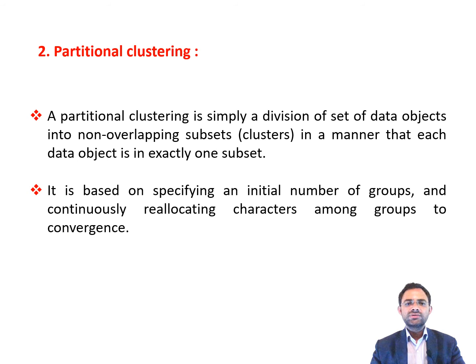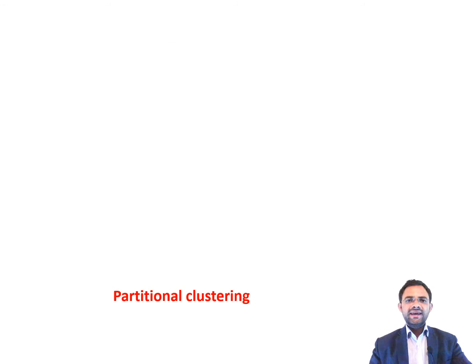It is based on specifying an initial number of groups and continuously relocating characters among groups to convergence. Thus, a partitional clustering is simply a division of sets of data or objects into non-overlapping subsets and clusters.